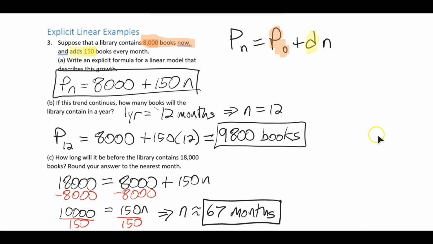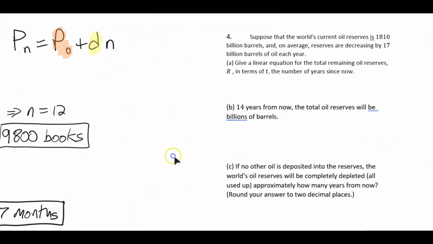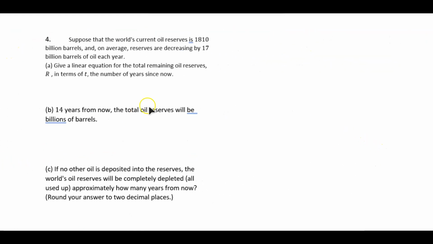Okay, go ahead and pause the video while you work out question number 4. And before you do, keep in mind that this says decreasing by 17 billion barrels, so that suggests D will be negative. So you should have, this is D equals negative 17.